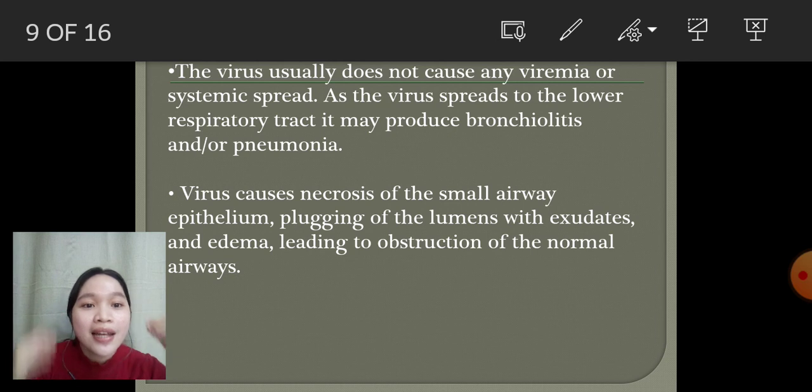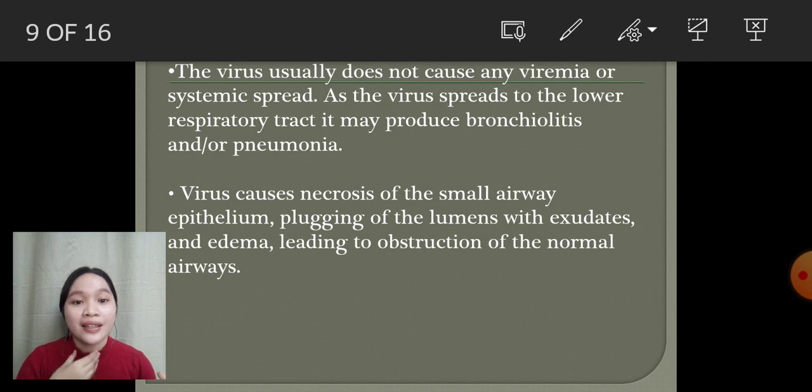Virus causes necrosis of the small airway epithelium. When we say necrosis, it's like plugging. Our airway gets plugged because of the virus. It kills the cells in the infected area, causing plugging of the lumens, our airways, with exudates, the fluid, like the phlegm, and edema, or the swelling.